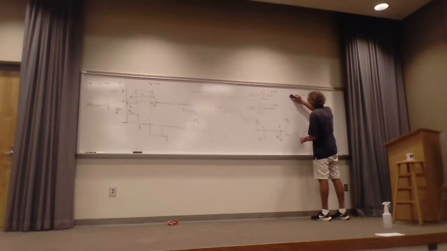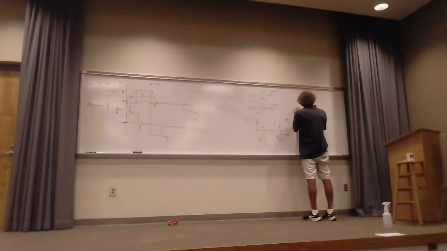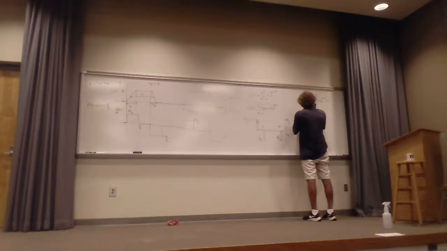Let me erase this stuff. Now I can say that this series, v double prime of t, will be equal to the integral from minus T over 2 to T over 2 of 1 over T times v double prime of t e to the minus j n omega naught t dt. Sorry. This is going to be my c of n double prime.